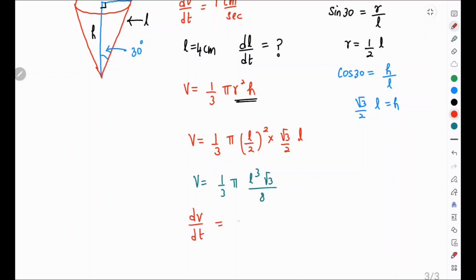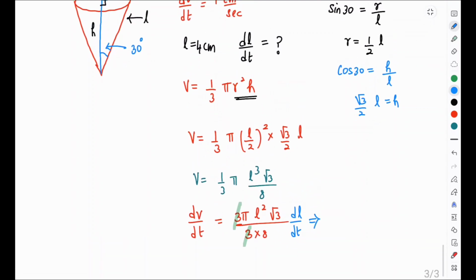So dV by dt is equal to 3 pi L square root 3 divided by 3 into 8. You can cancel these two threes, right? And they're given L is equal to 4. So let us substitute that. And here you should write dL by dt, because they're asking you to differentiate with respect to time. So the slant height also is differentiated with respect to time only.